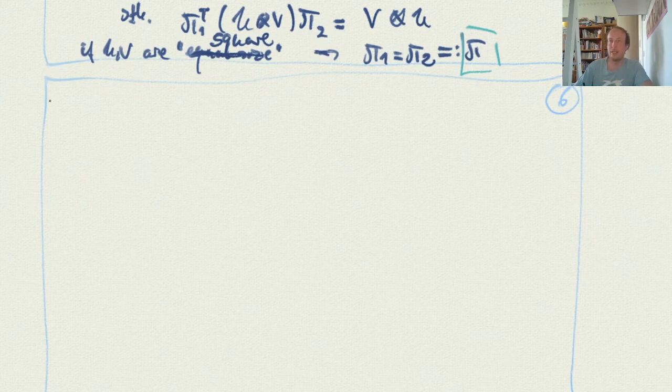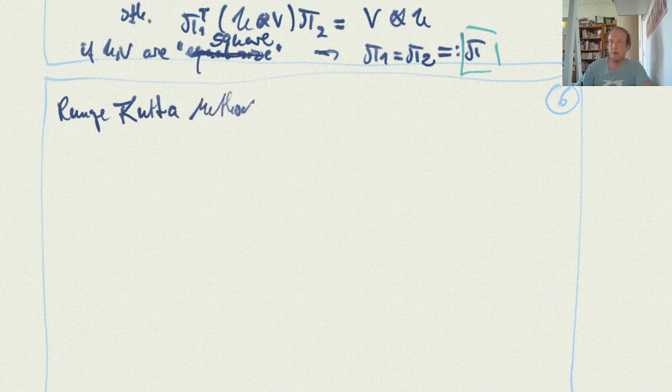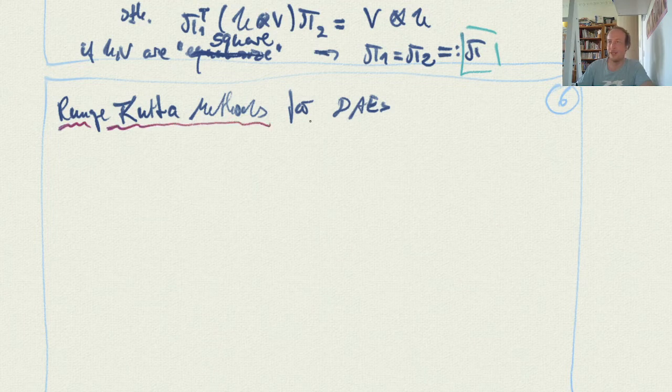All right, now we can start: Runge-Kutta methods for DAEs. Finally. Maybe one or the other of you took the course to learn how to numerically integrate DAEs, and now we are at it.